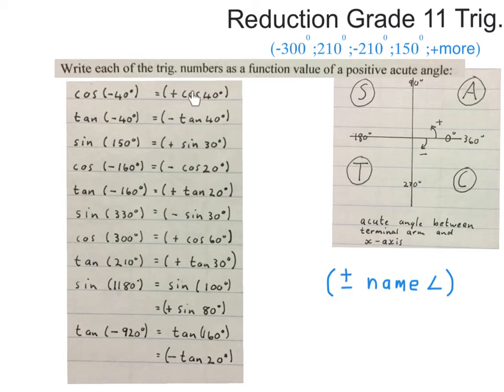So we keep the name. We decide in which quadrant we are. We decide how far we are from the x-axis and write that size down. And then we put a plus or minus in front by looking at the CAST diagram. So we have a plus or minus, a name ratio, and an acute angle, and that's our final answer.